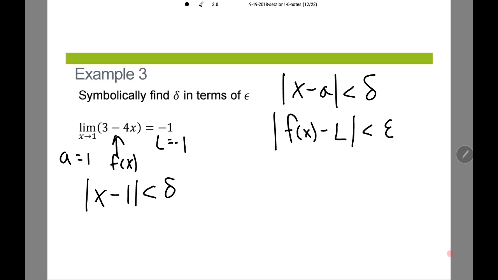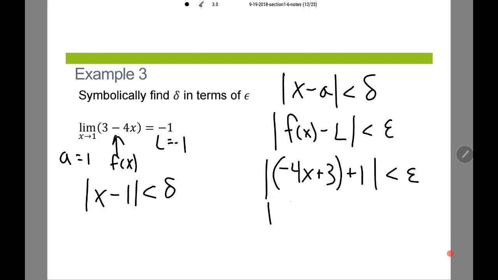My function could be written as -4x plus 3, and then I've got to add or subtract my limit from that. So if I subtract a -1, I'm adding 1. And there's my epsilon. Let's go ahead and simplify this a little bit.